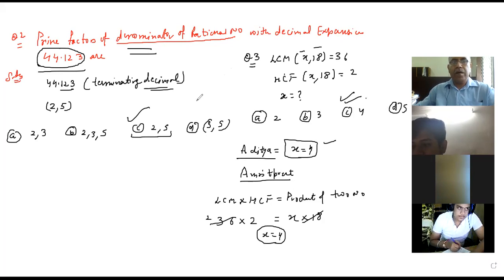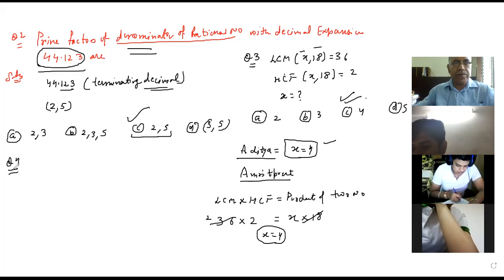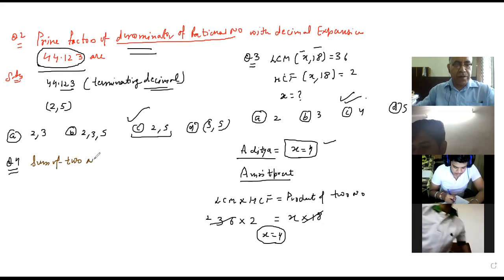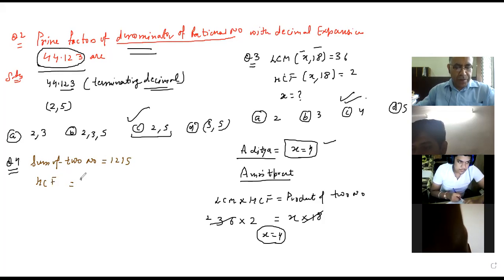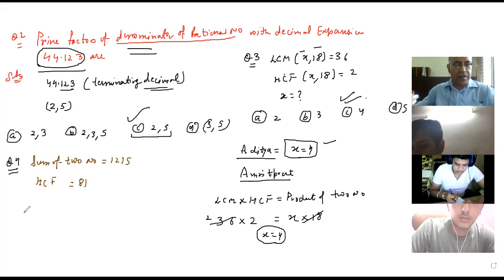Next, the turn is of Dilpreet. So Dilpreet, are you ready for question number 4? Yes, sir. Great. He's saying, if the sum of two numbers is given, 1215, and the HCF of two numbers is 81, then the possible number of pairs of such numbers are, कितने pairs हो सकते हैं?